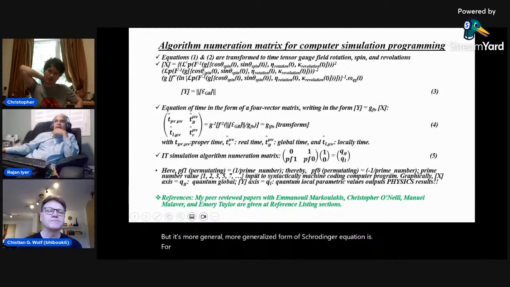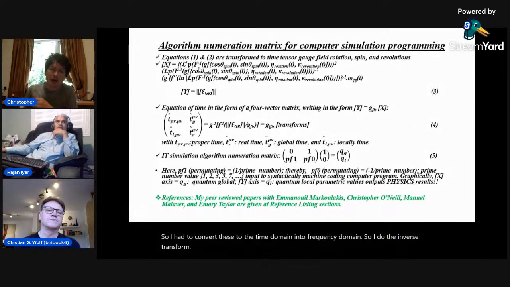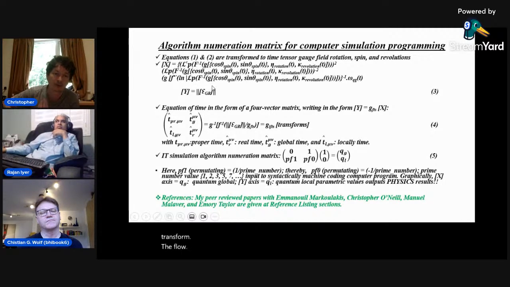Because I'm connecting between the frequency and the time domain. So I had to convert the time domain into the frequency domain, so I do the inverse transform. Okay, fine. And then the Laplacian, what's that going to help you with? It's just the flow of the matter field, the field flow.